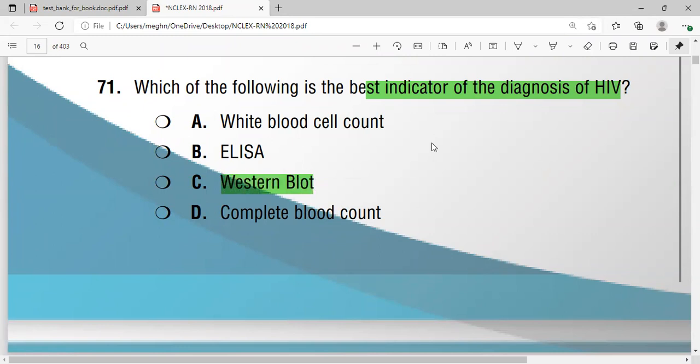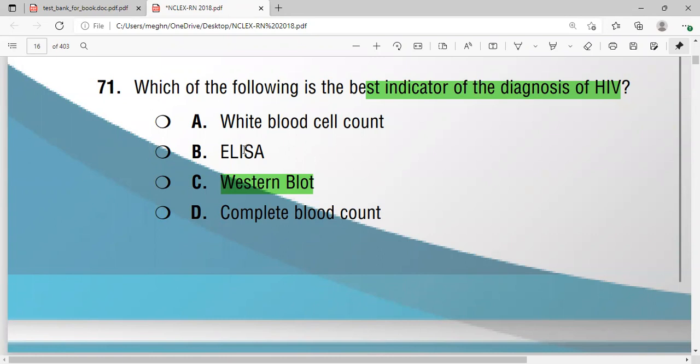Let me recap it, and you should keep it in mind. The test for the diagnosis of HIV is called Western blot. The white blood cell count, answer A, is not the best indicator, but a white blood cell count of less than 3,500 requires investigation, though it is not the best indicator.